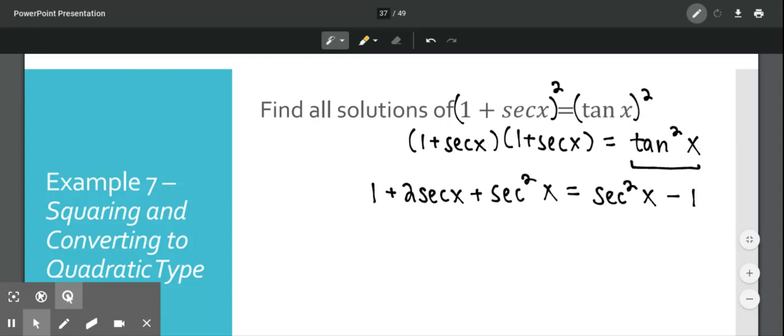Right? So now we have all of the same functions, and now let's get them all to one side. So I'm going to subtract the secant squared, and I'm going to add the 1. And when I do that, right, so this side I have 0. If you notice this side, your secant squareds also become 0.